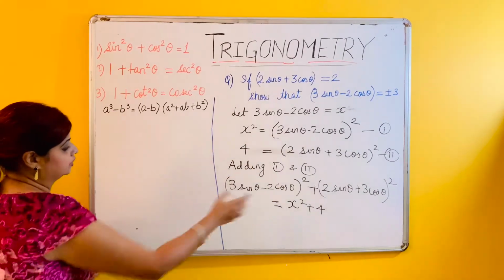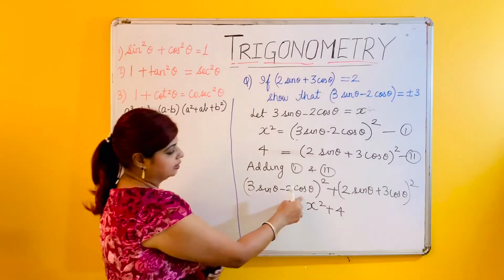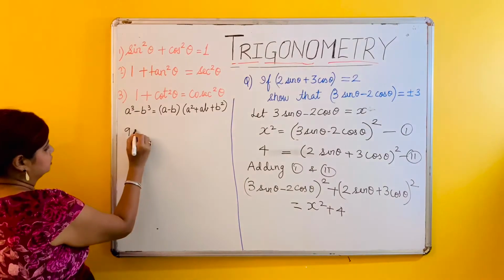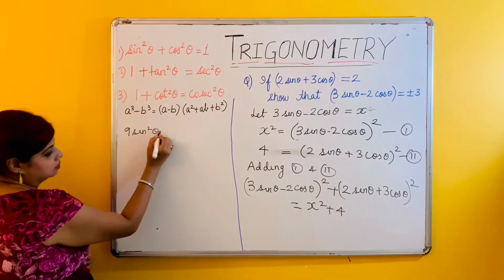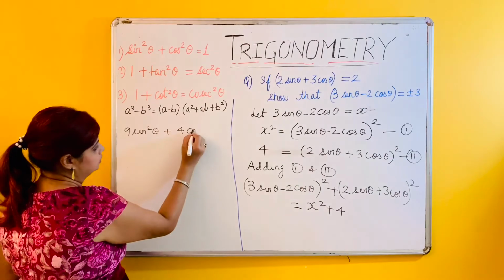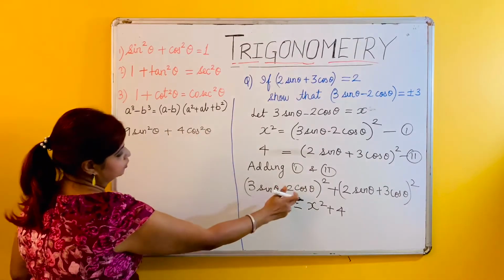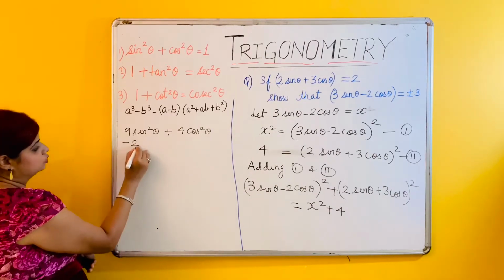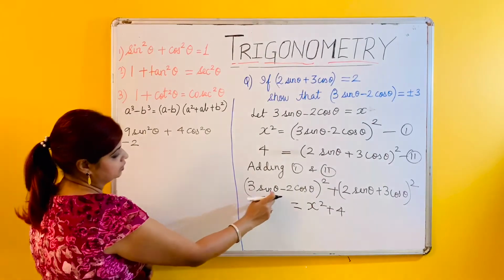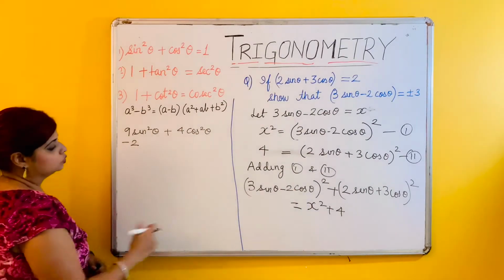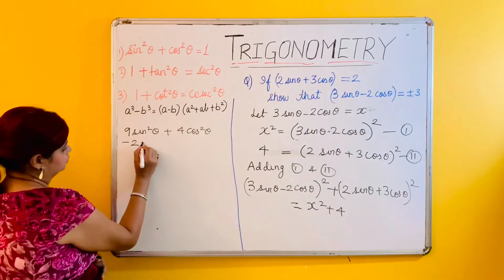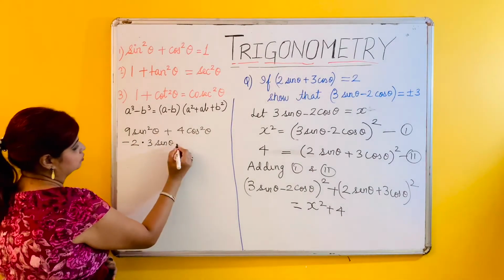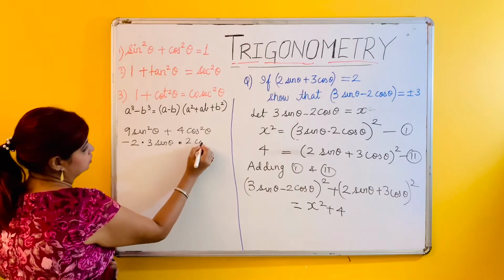Now let's simplify this. This is an a minus b whole square form, so expanding it, it is 9 sin square theta plus 4 cos square theta minus 2ab, which is 2 into 3 sin theta into 2 cos theta.